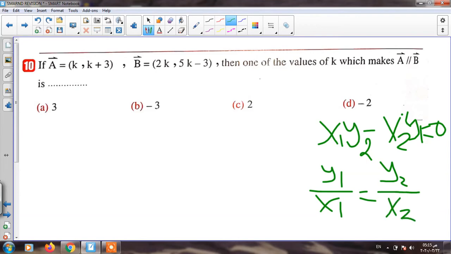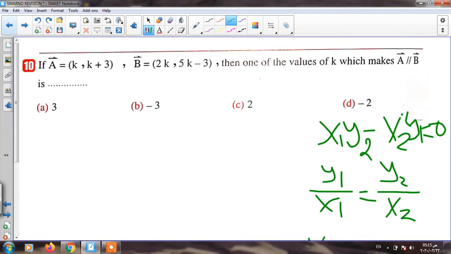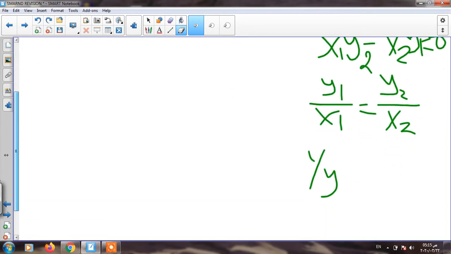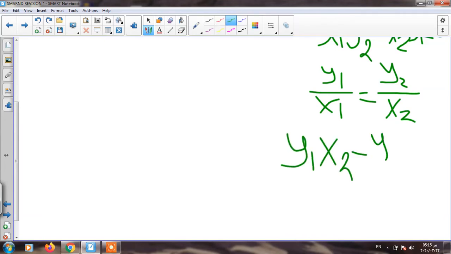This is the slope, and multiplying together, it will be y1 x2 minus y2 x1 equals 0.